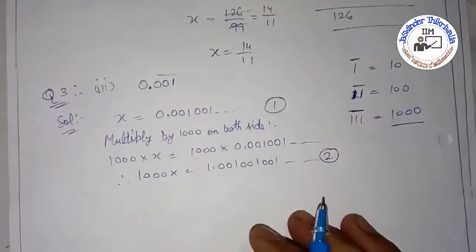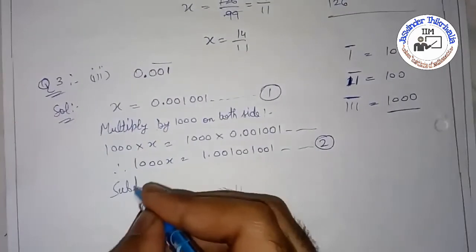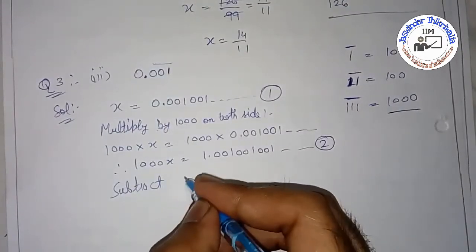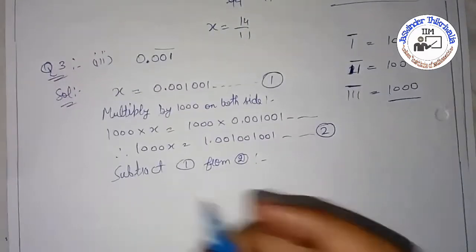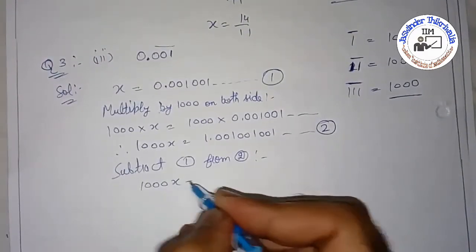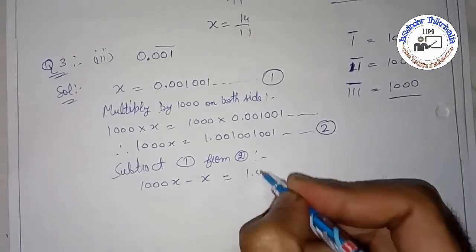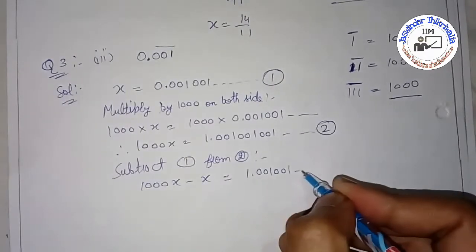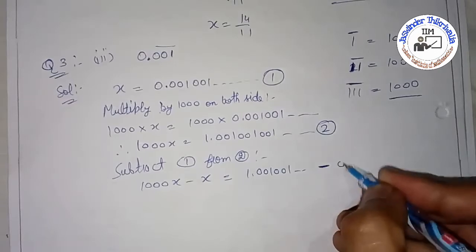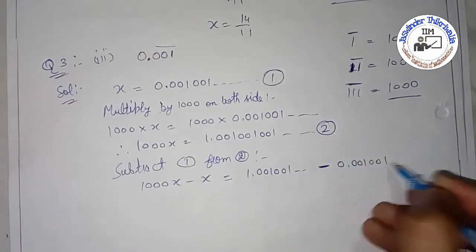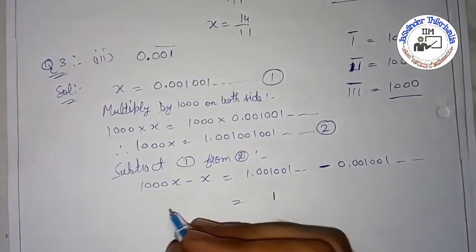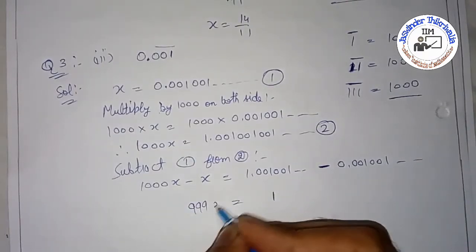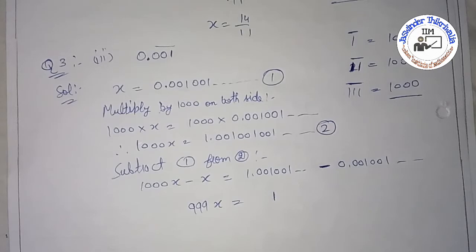Now, same process, subtract 1 from 2. If you subtract 1 from 2, what do you get? 1000x minus x on the left side, and 1.001001 minus 0.001001 on the right. On this side you get the answer 1, and on that side you get 999x.